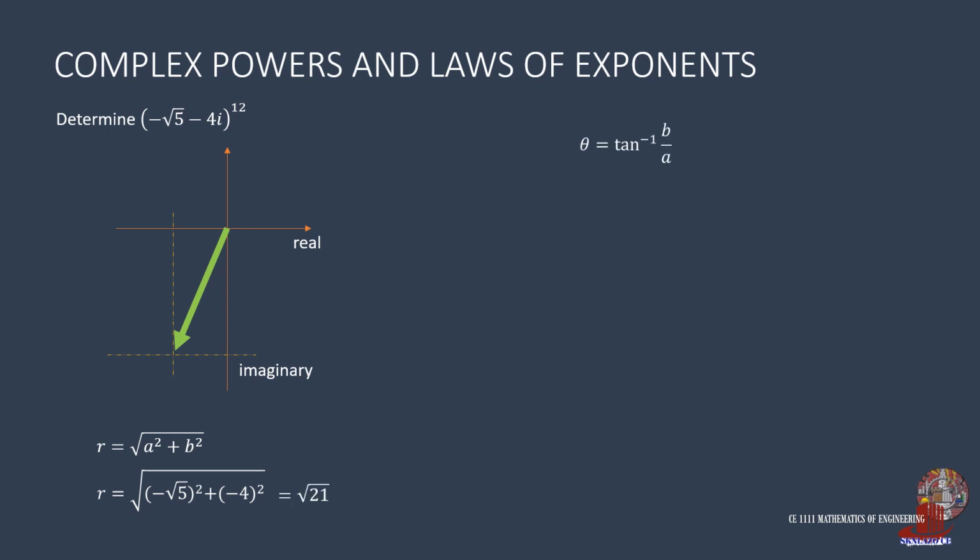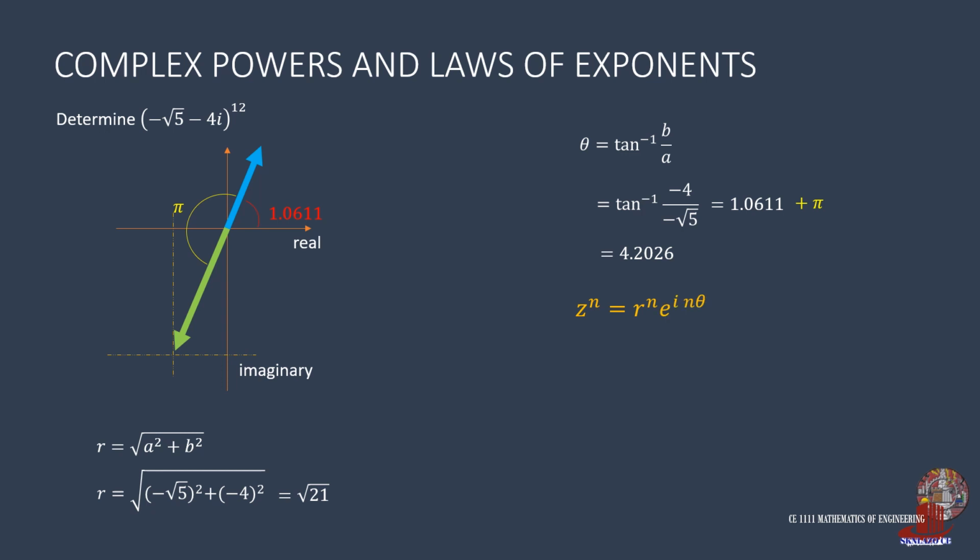Theta is then the inverse tangent of negative 4 over negative root of 5, which comes out as 1.0611. Draw this in the Cartesian plane and find out that 1.0611 draws a vector on the first quadrant. This is opposite the vector we are concerned with. Add pi to coincide with the vector in the third quadrant, and take theta as 4.2026.